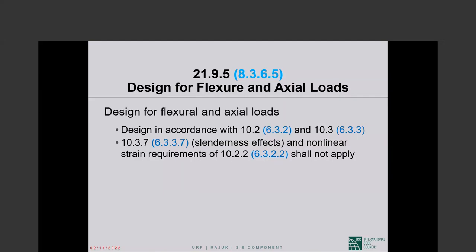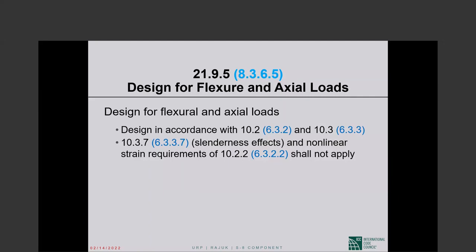We establish a P sub n, M sub n interaction diagram using the same computer programs that we utilize for columns. We go from the nominal interaction diagram to the design interaction diagram by applying proper phi factors to the nominal strengths. And we make sure that all combinations of M sub u, P sub u coming from the design load combinations are within the design interaction diagram.